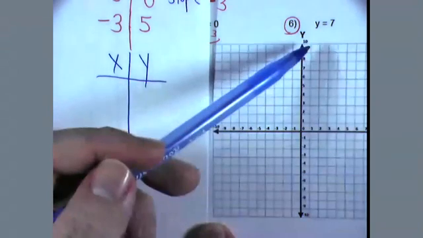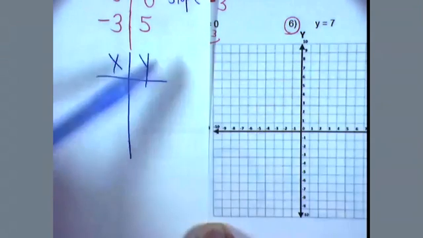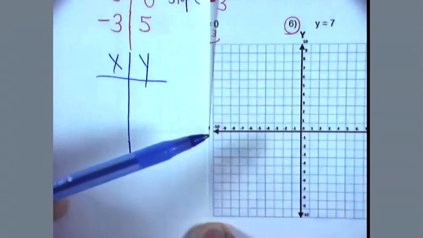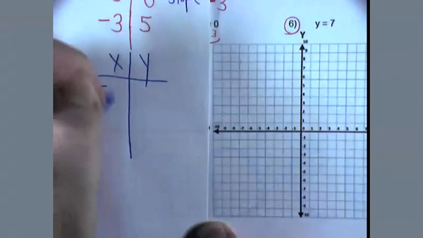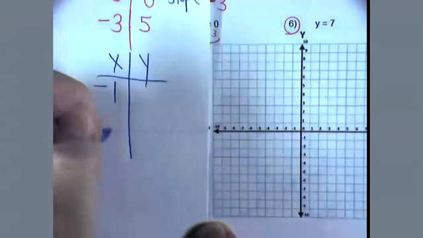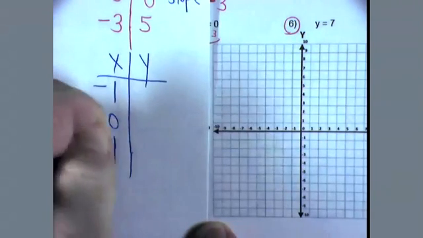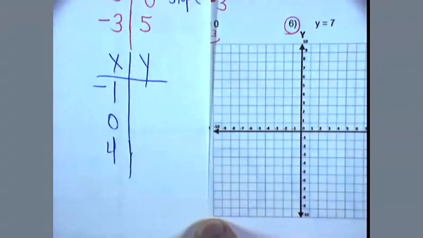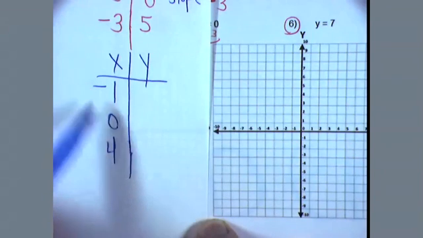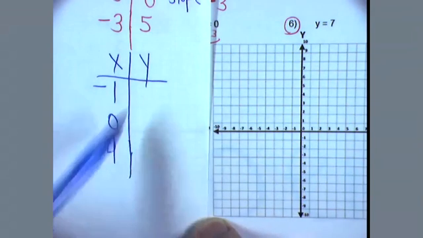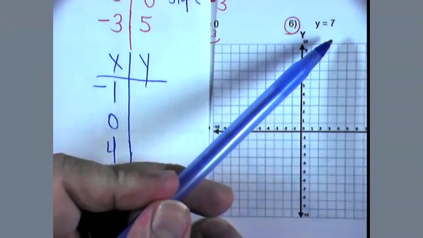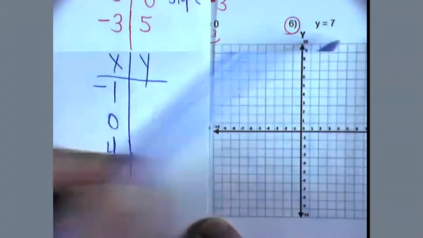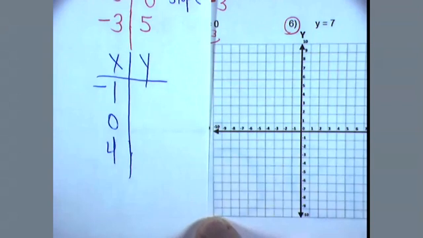We can pick anything we want for x. Let's just say -1, 0, and 4. Because no matter what we pick for x, y is always going to be a constant 7. So going down the y column is nothing but 7s.